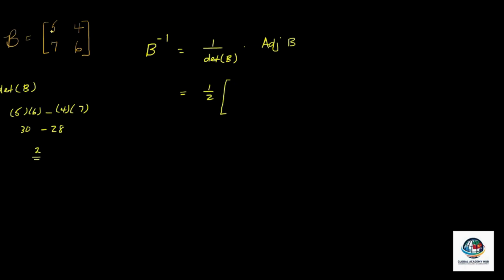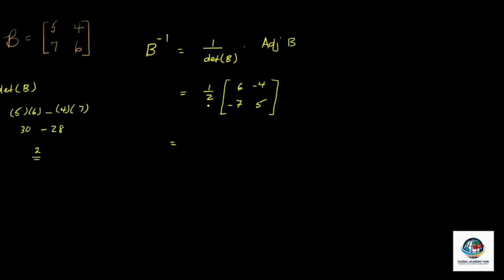Now remember, for the adjoint, A and D swap places. So this is going to be 6 here, and this is going to be 5 over here. And 4 and 7, B and C, those will stay in place. But I'll take the negative of what they were. So this was positive, it will now be negative. 7 was positive, it's going to now be negative.